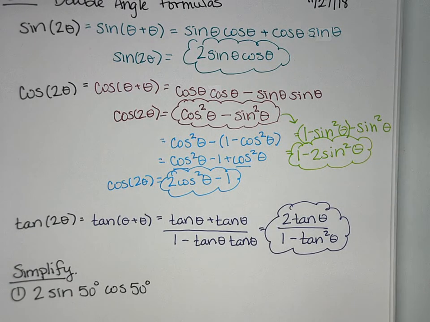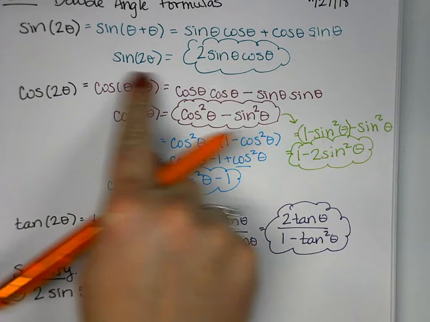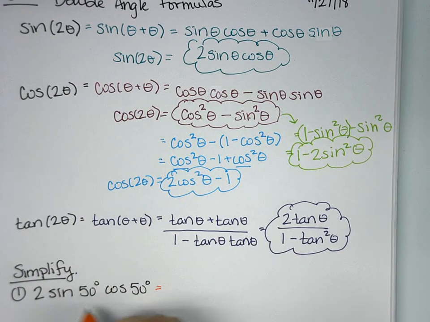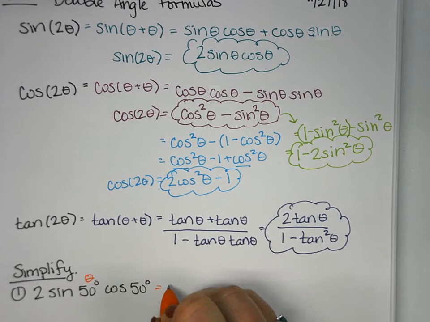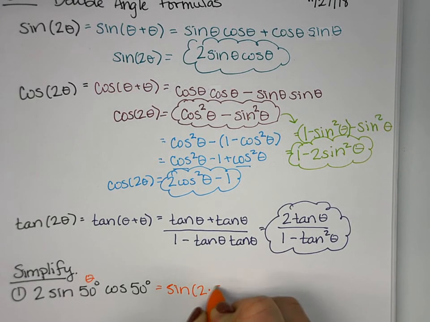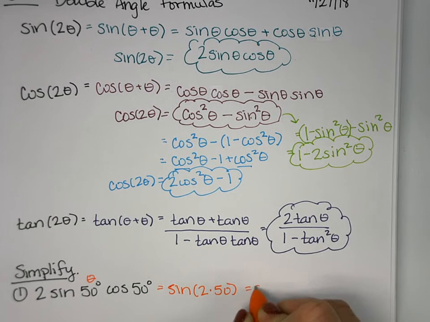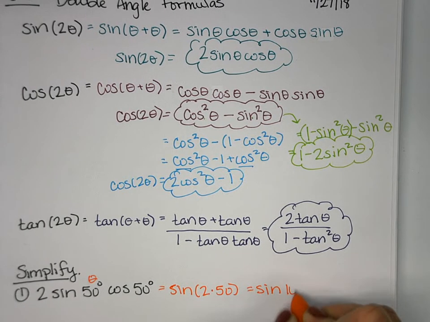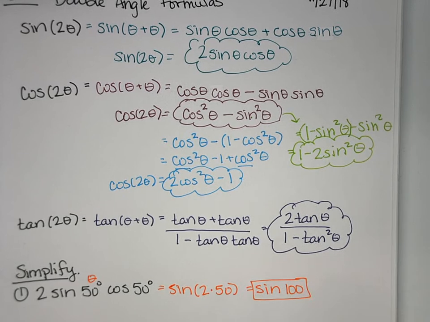So what I'm going to do is rewrite this as sine of 2 times theta. And in this case, my theta is 50. So this is going to equal sine of 2 times 50, which is sine of 100. And that's as simple as it gets.